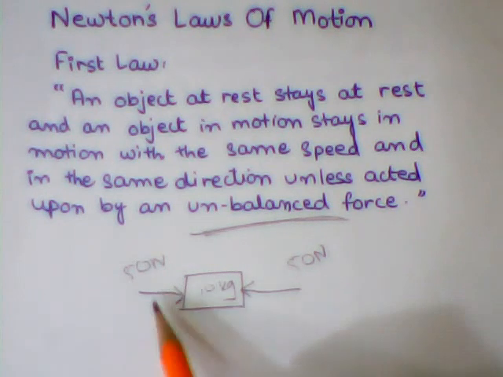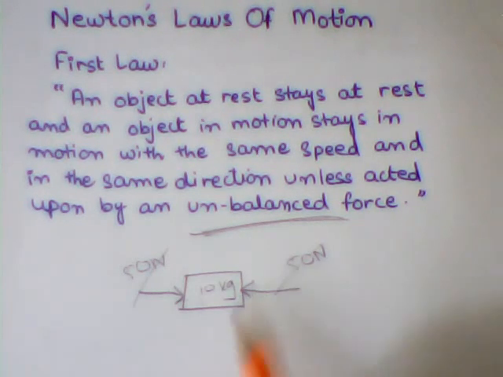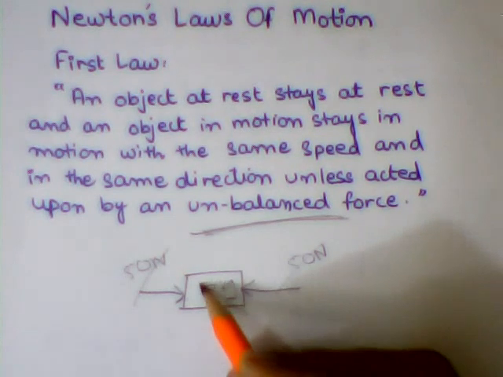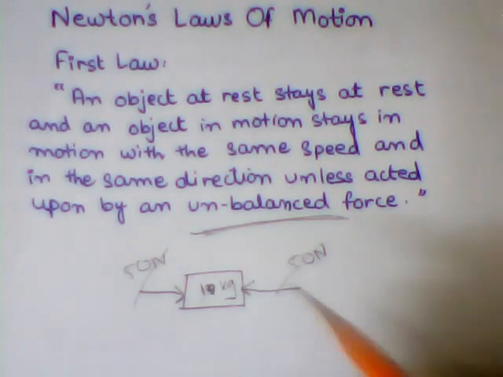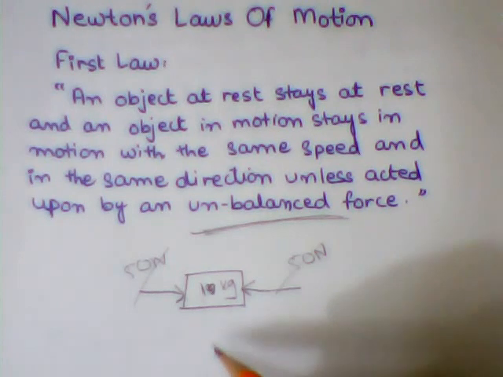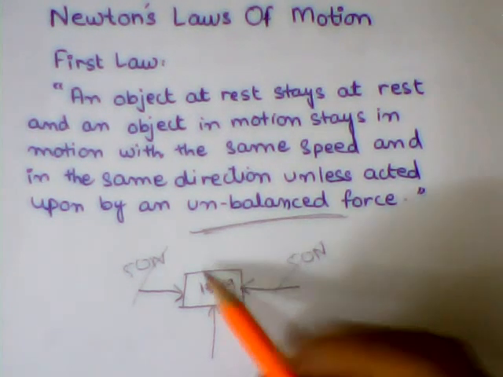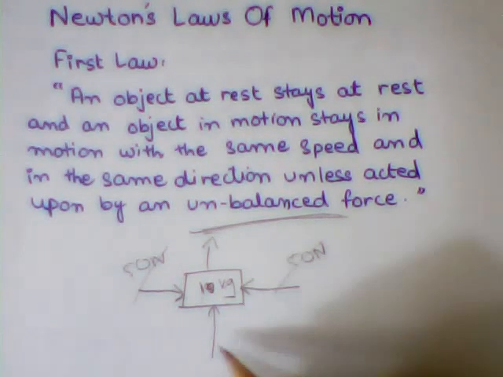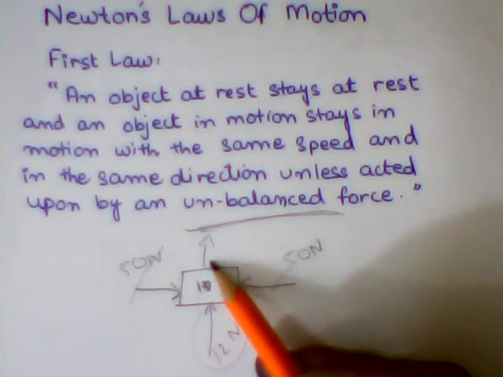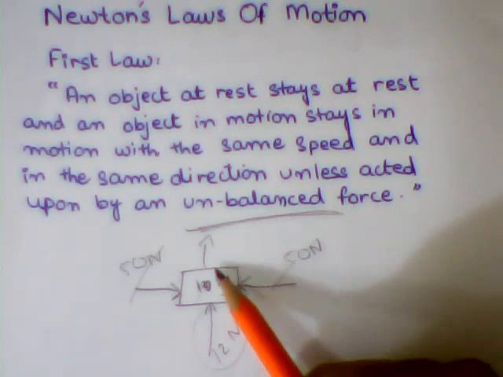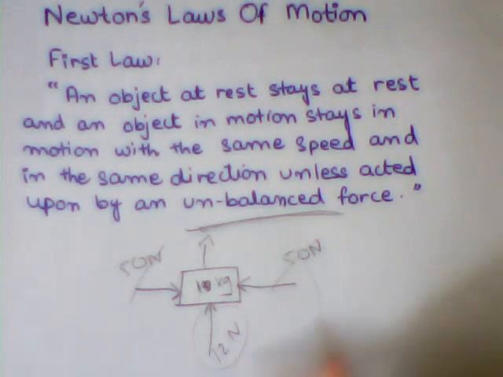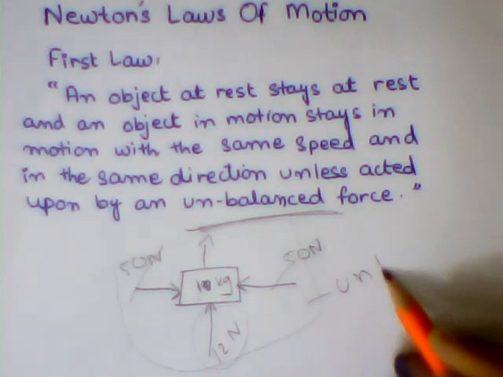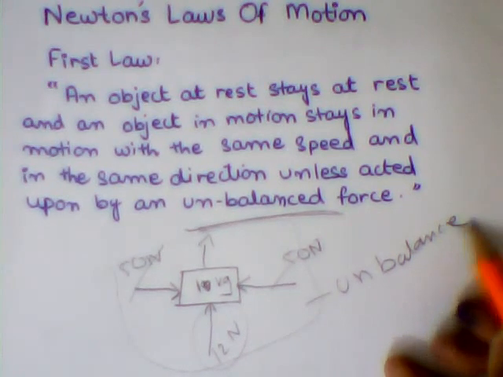As a result, both forces cancel each other and the block does not move. Now, if suddenly a third force comes and pushes the block from below, the block moves upward, because, let's say this force is 12 newtons, that 12 newtons force has no other component which cancels it. So this scenario is the unbalanced force scenario.